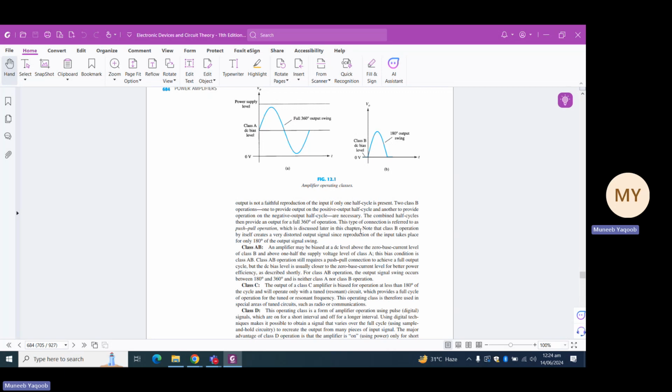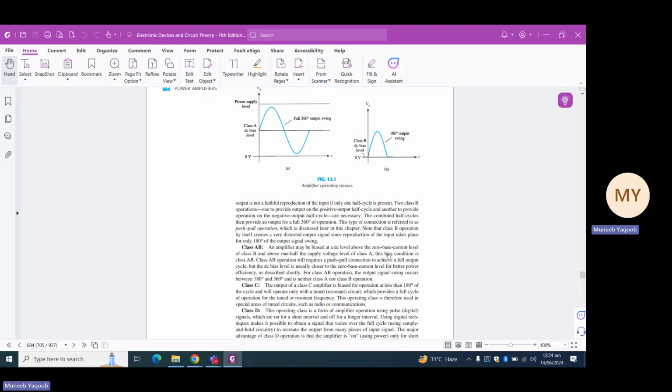Similarly, in class B power amplifiers, the output waveform is provided for half of the cycle, either for the positive half cycle or for the negative half cycle. Therefore, the efficiency of class B power amplifier is somewhat better than the class A power amplifier.